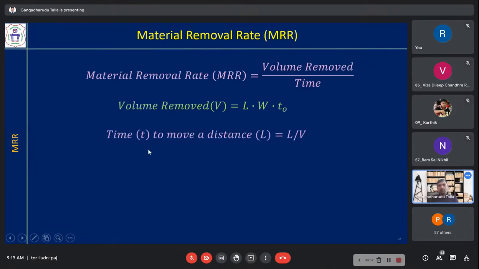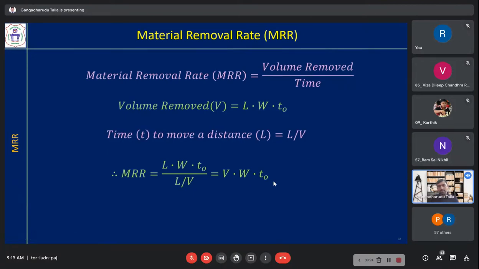Now time to move a distance L for the cutting tool, the length covered is L, cutting velocity is V. So time is this length by velocity. Now you can rewrite this as MRR is equal to L into W into t0 by L by V. So if you cancel out L, it will be V into W into t0.